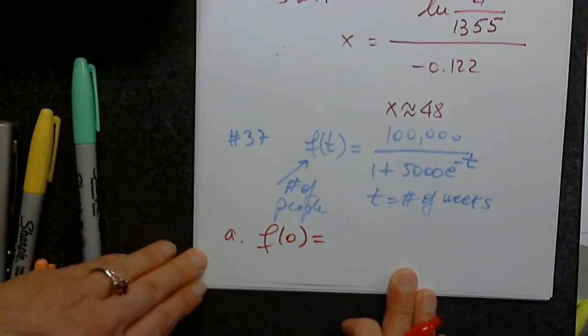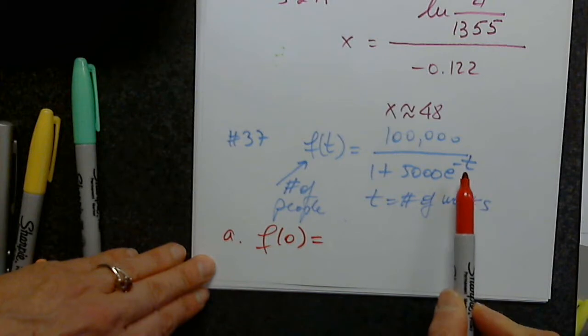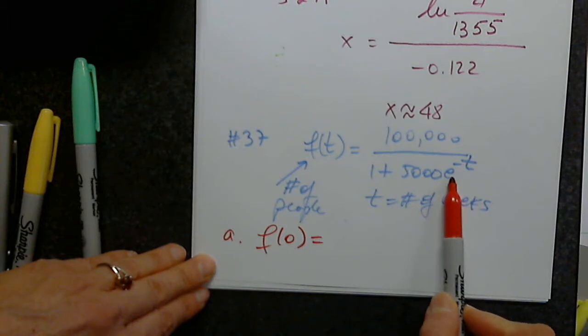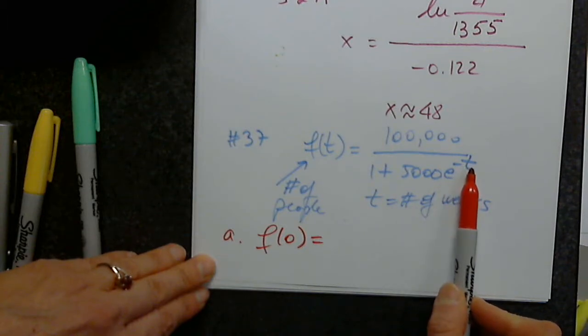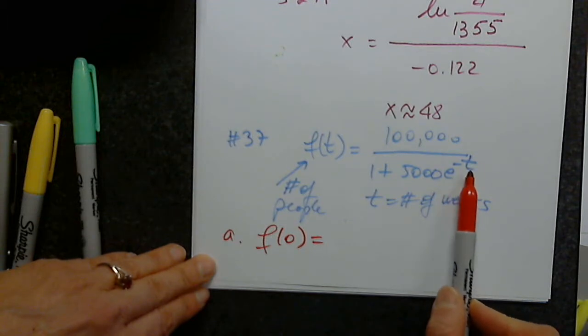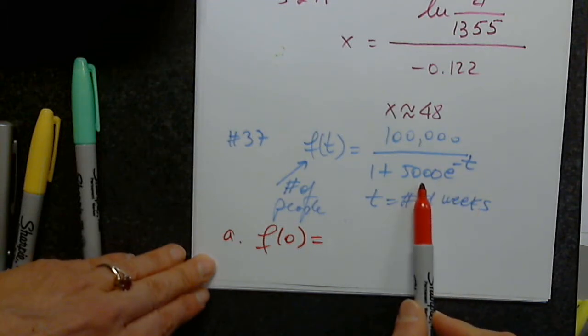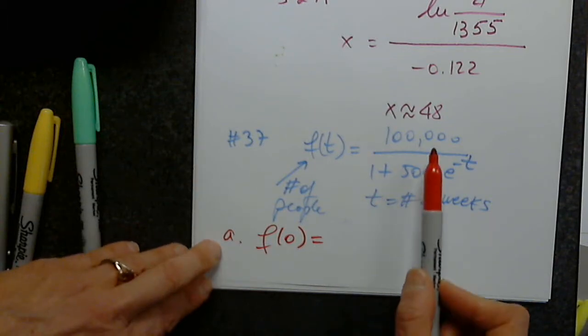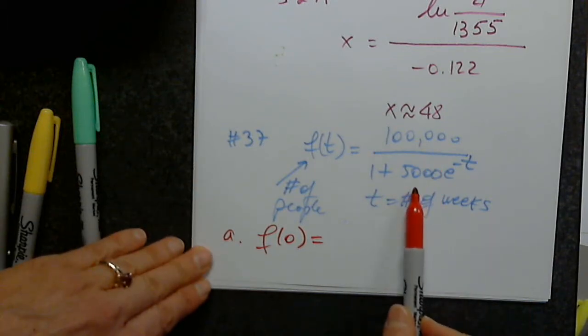So let's do this together. 0 with minus 1. T e raised to 0. E raised to 0. 1. 1 times 5,000. 5,000 plus 1. So how much is 100,000 divided by 501?